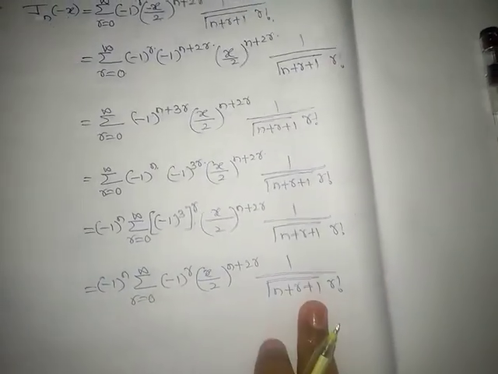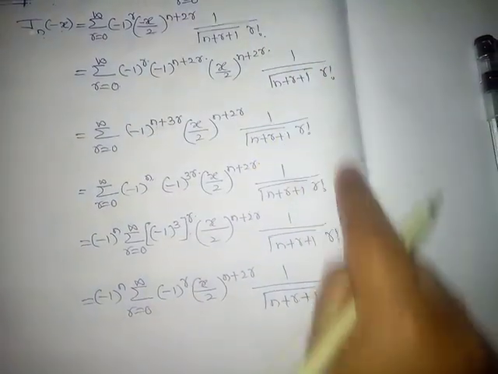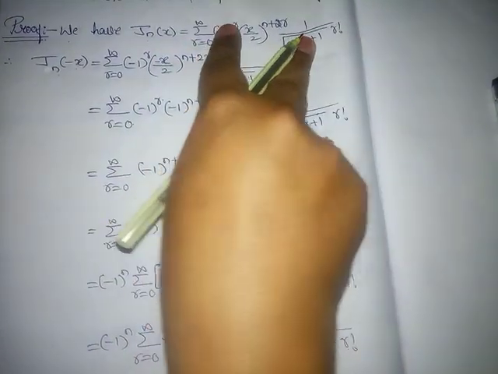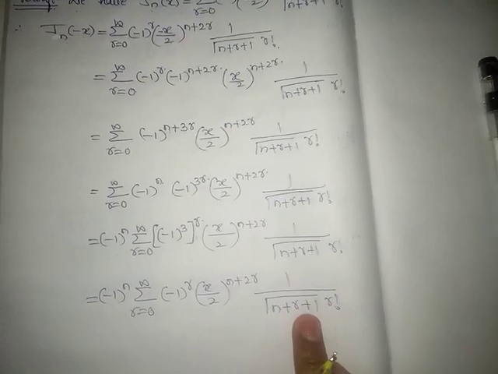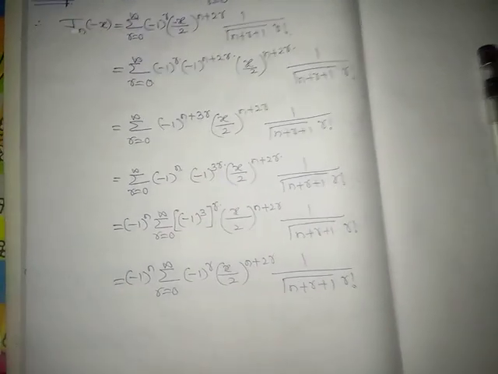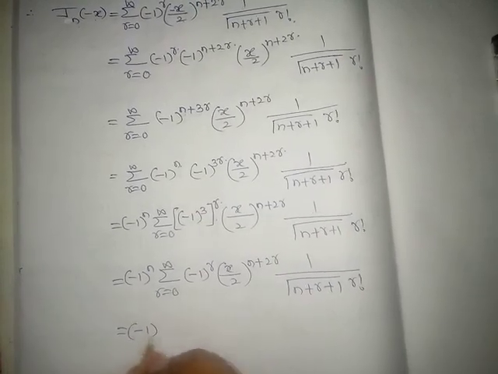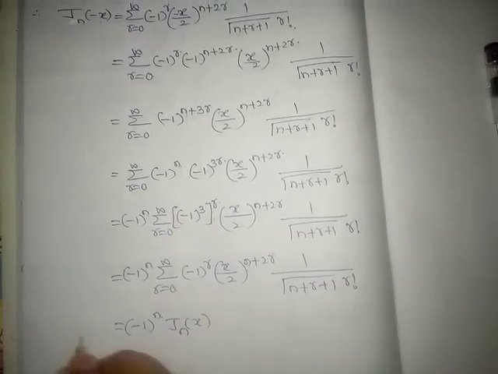See, this is the same as Jn of x. These two are the same. This RHS is equal to the summation of this term. So what we get here is equal to minus 1 raised to n Jn of x.